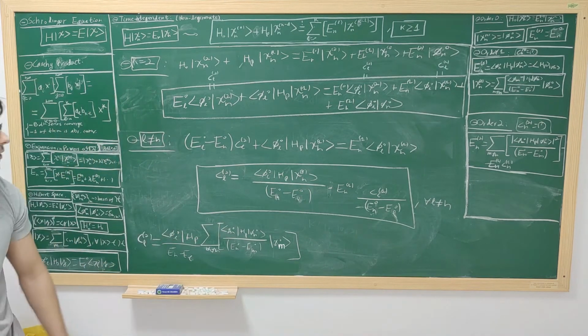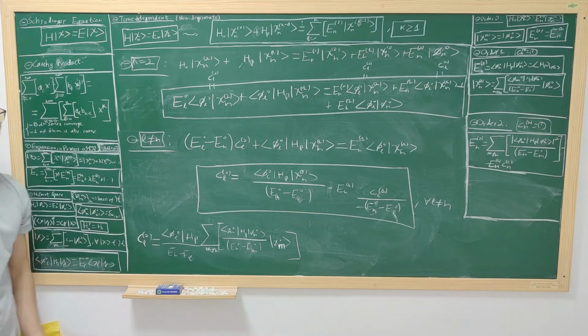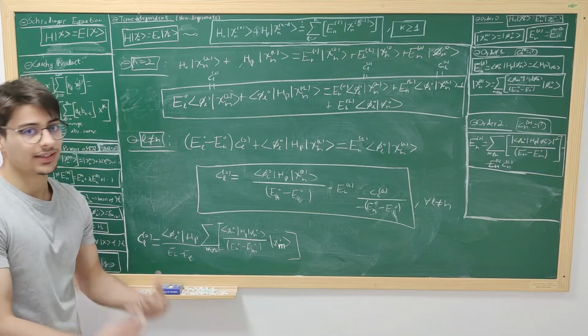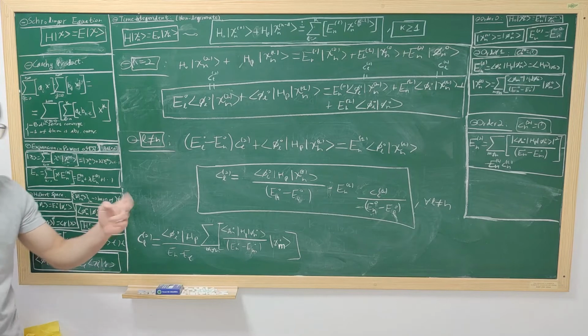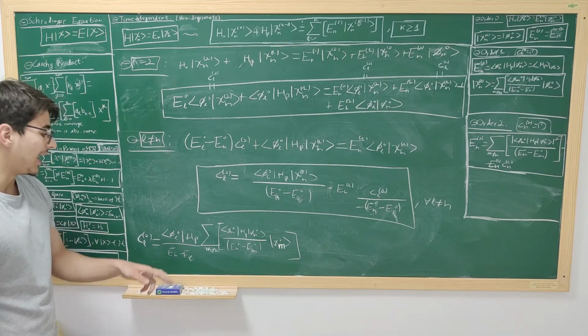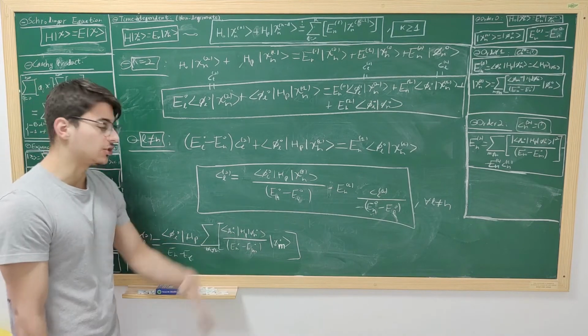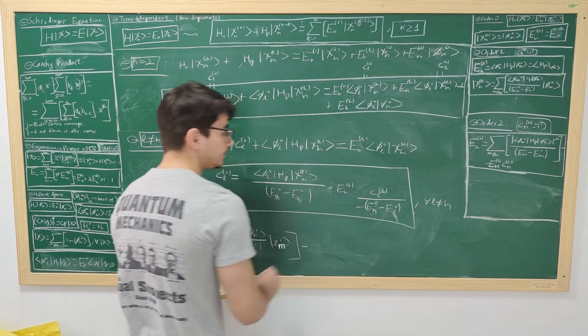I know it can be a bit confusing, right, having so many sub-indexes, but you just have to keep in mind what each index is. N is just telling us which energy we're correcting. L just tells us the component of the second order correction. And M, we can call it whatever we want, it is just inside the sum, so it's just a dummy variable, dummy index.